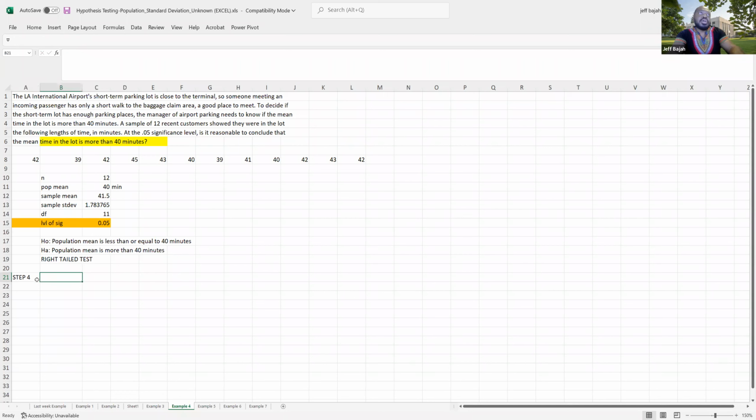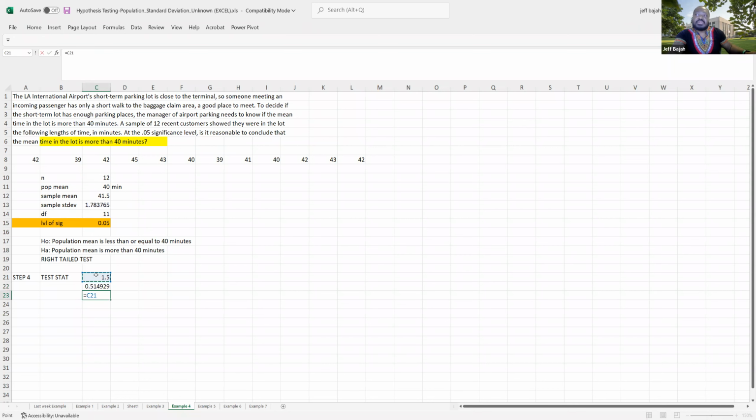Step 4, we're going to find the test stat. And remember the test stat is the difference in mean over the standard error. So we're going to say the sample mean minus the population mean, that's the difference. And then for the bottom, we're going to say sample standard deviation divided by the square root of the sample size.